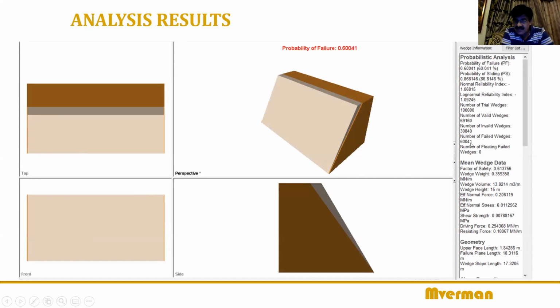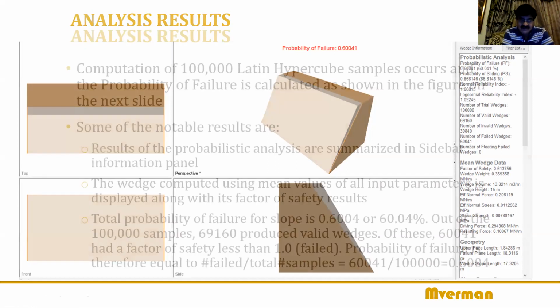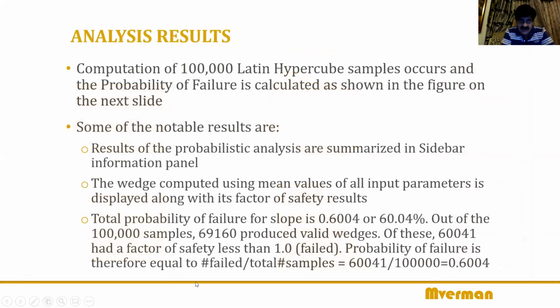So 60,041 failed wedges divided by 100,000 is 0.6004, or 60.04%. That is the probability of failure.